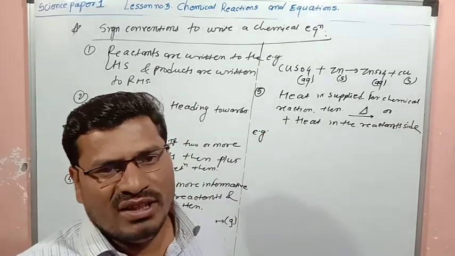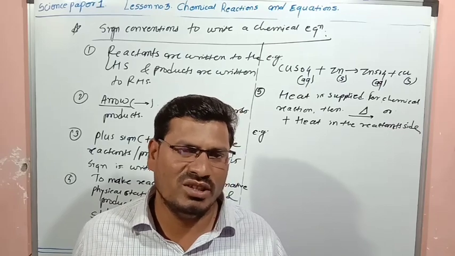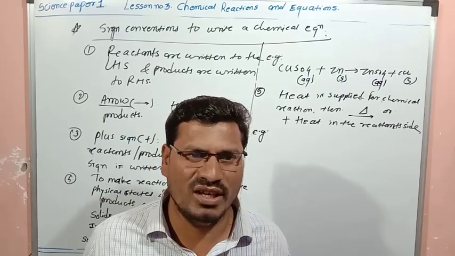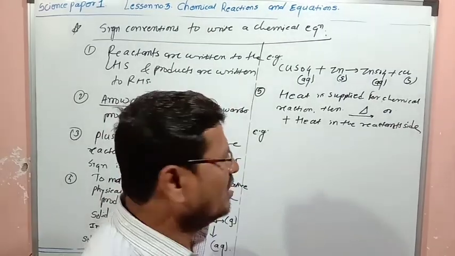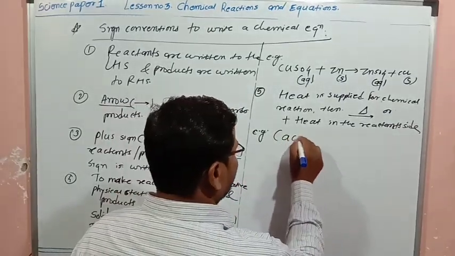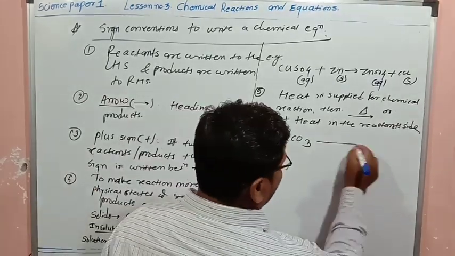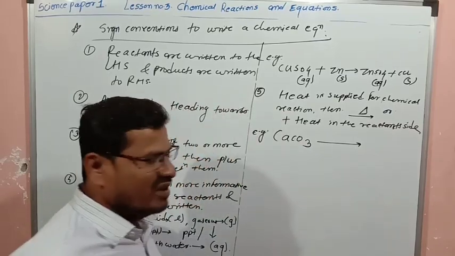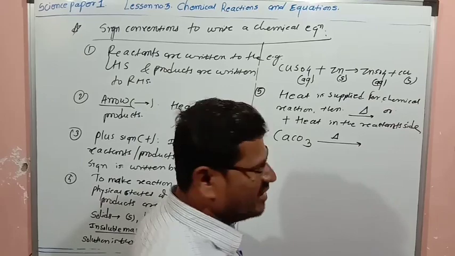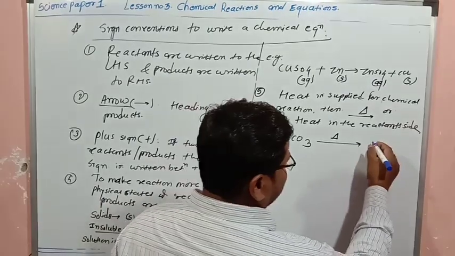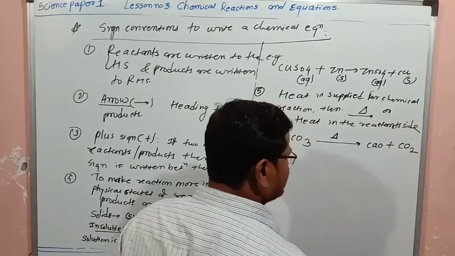One activity we have studied: if you take calcium carbonate powder, CaCO3, and you heat it, supplying heat, then the products will be CaO plus CO2.